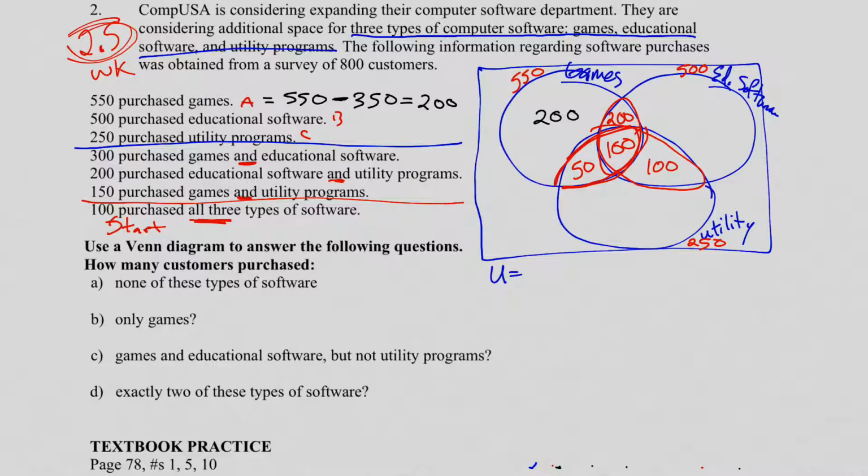Now let's take a look at the circle for the educational software. We can see that there's 500 on the outside of the circle. Let's add up what we already have: 200, 100, plus another 100. That's 400 accounted for inside that circle. So exclusive to the second set would be 100 right here.